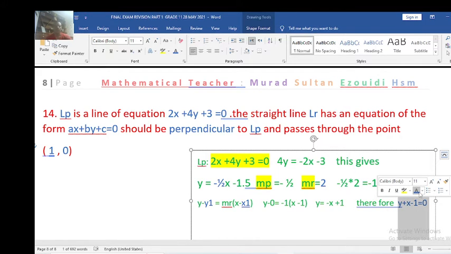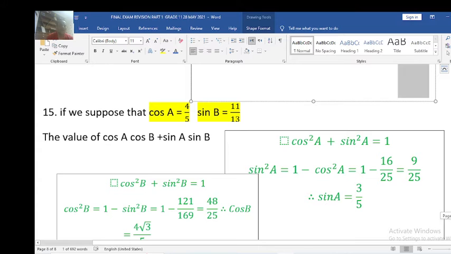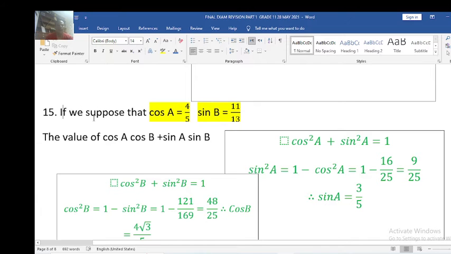Now we move to the next one, question number 15. Suppose that cosine of A equals 4 over 5 and sine of B equals 11 over 13. I will use the first trigonometric identity to find the sum of cosine A plus cosine B. This one will be seen, inshallah, next year in grade 12.